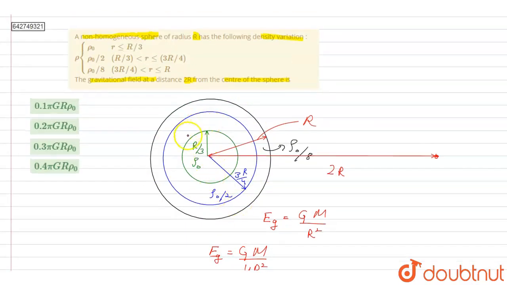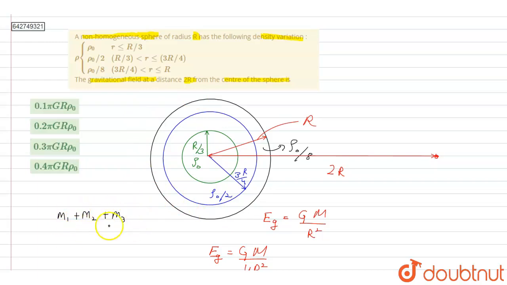Now the problem is, in this case we have a non-homogeneous sphere with different densities. That means for every sphere the mass will be different. For rho naught density there will be some mass m1, for rho naught by 2 density sphere its mass will be m2, and for rho naught by 8 density sphere its mass will be m3.